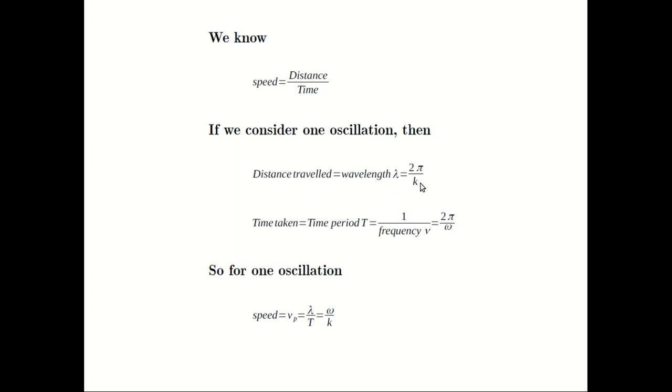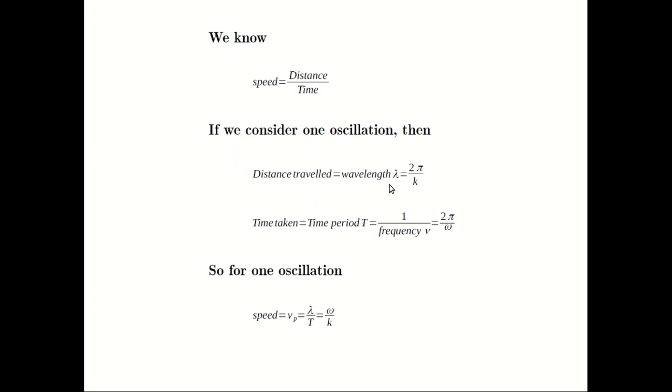which is equal to 2 pi by k, where k is the propagation constant. Whereas for one oscillation, the time taken by the wave to complete one oscillation is the time period capital T, which is equal to 1 by nu, which is again equal to 2 pi by omega, that is the angular frequency.